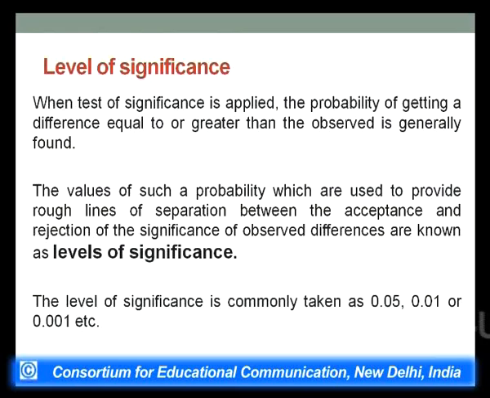When you have drawn the sample, you will find the difference between the parameters of the population and the sample may be the same, or higher, or different. So the values of such probability are used to provide rough lines of separation between acceptance and rejection. The important thing is acceptance and rejection.